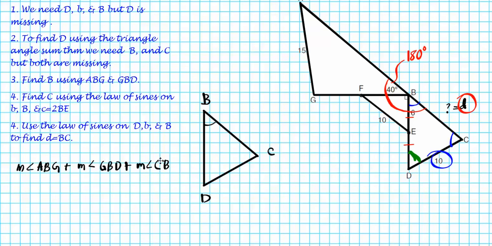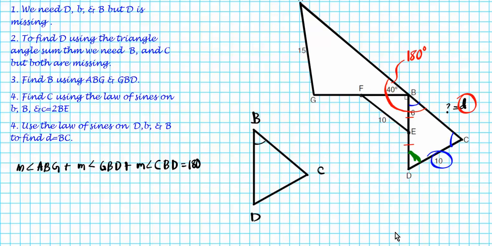CBD is the same thing as big B, we'll switch later. If we add all these together, you get 180 degrees. So what I'm saying is this angle here, plus this one right here, plus the last one, angle CBD right here, they all form a linear pair. They all add up to 180, right?